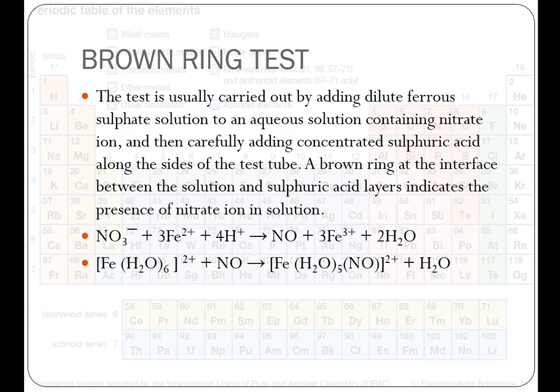The reactions taking place here are: nitrate present in the salt reacts with ferrous ions in the presence of sulfuric acid first to form nitric oxide. Ferrous ions will get oxidized to ferric ions. Ferric ions with water form a complex which then reacts with nitric oxide to form this brown colored complex.